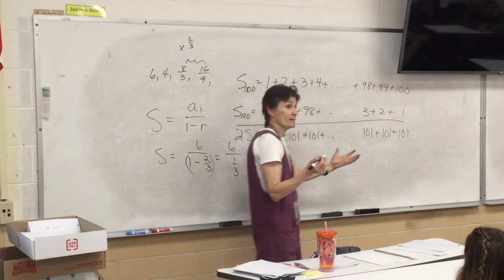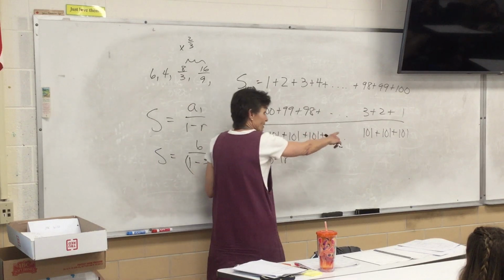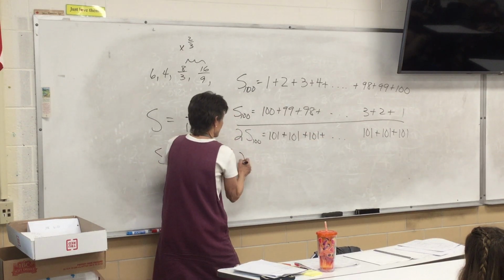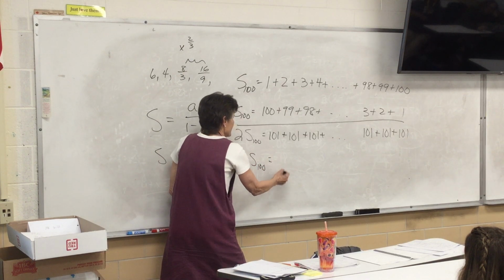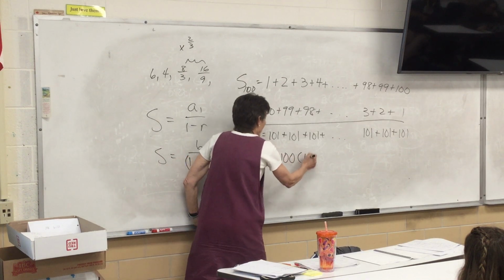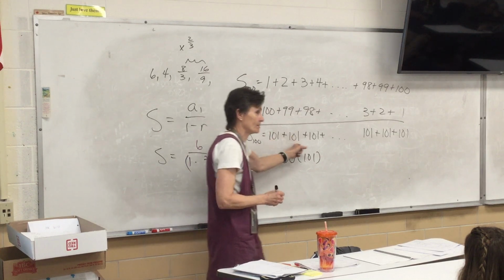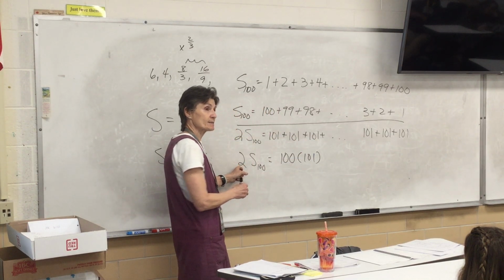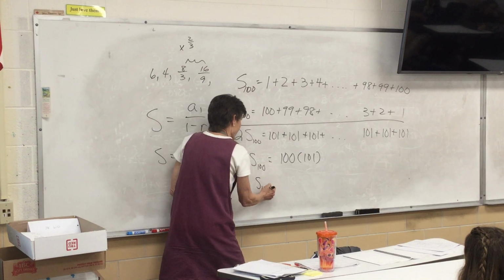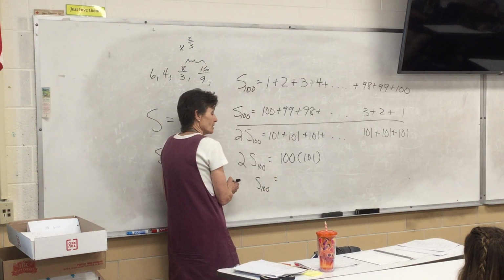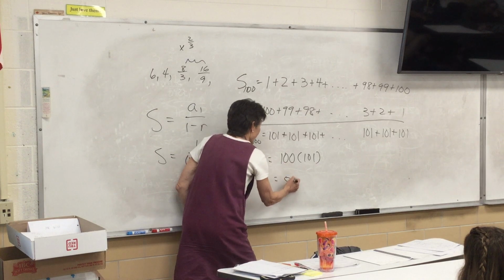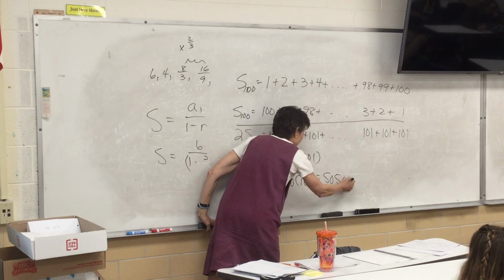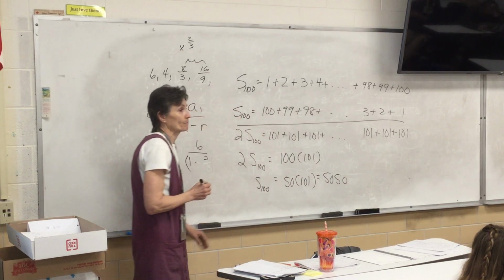So basically, what I got here in these 2 sums is 100 101s, because there's 100 of these. Well, I don't want 2 of the sums, I only want 1 of them. So I'll divide by 2 and have 50 101s. And that's the answer to the question.